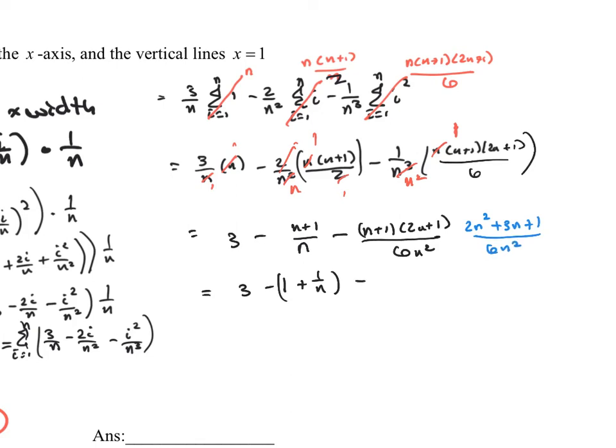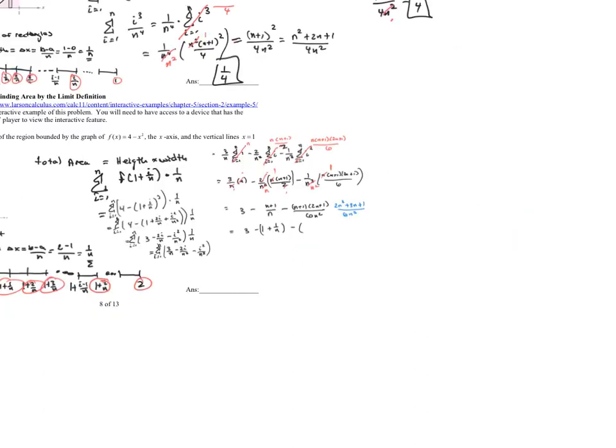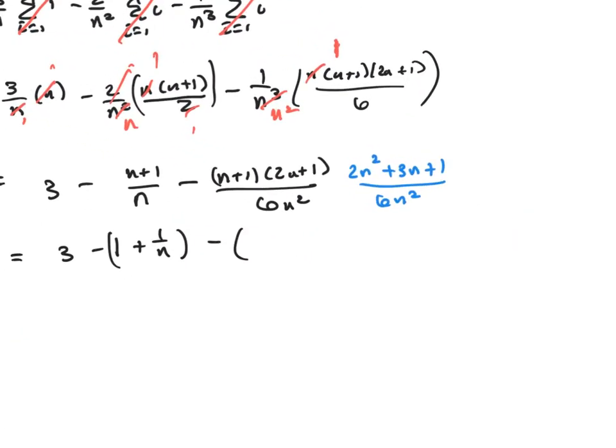So if I simplify each one of those terms, 2n squared over 6n squared would be 1/3. And then 3n over 6n squared would be plus, would that be 1 over n? And then we'd have plus 1 over 6n squared.